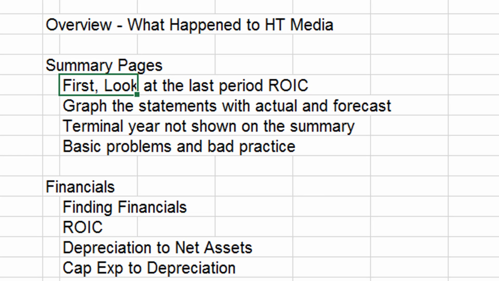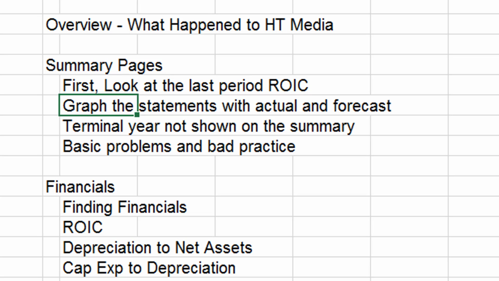The first is just to take a quick look at the model and see what we can find. Now, one of the good things about this model is that the balance sheet was there and invested capital was there, so they computed return on invested capital. Did I say that this has 40 sheets? That's ridiculous, oh my gosh.